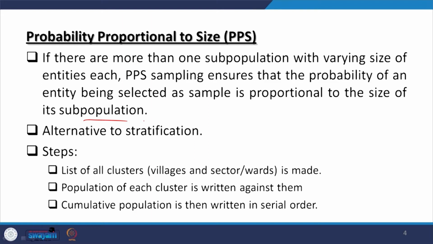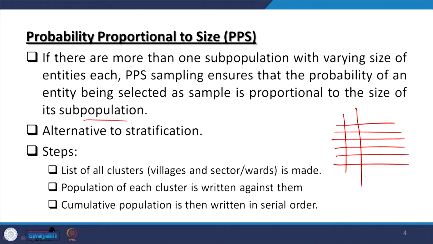The steps involved in probability proportional to size sampling include listing all clusters. Clusters may be villages or sectors or wards, the way we have just discussed before, and the population of each cluster is written corresponding to that cluster. So, let us consider one Excel sheet, where we can enter the details carefully.